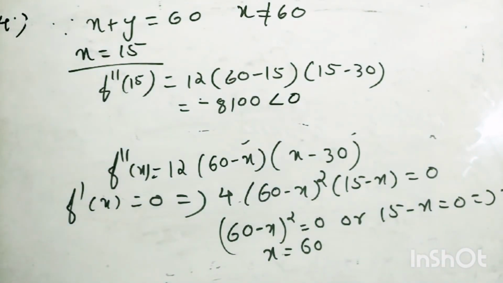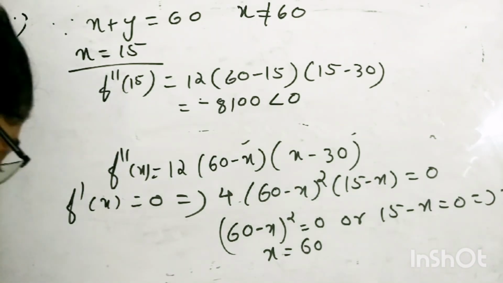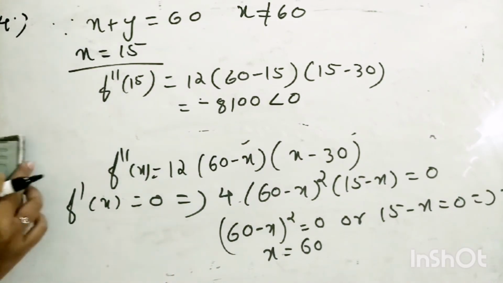What do you mean by this? The second order derivative is less than 0 at x = 15, so we can conclude that x = 15 is a point of maxima.